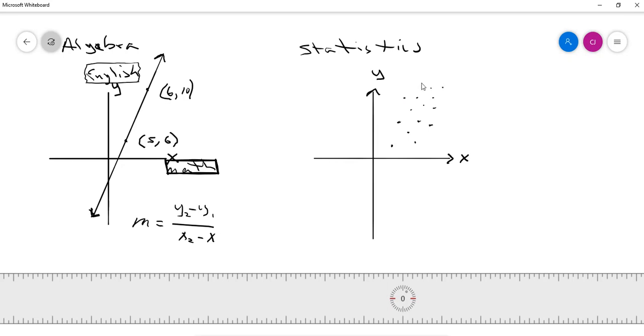I can guarantee you that if you took a bunch of students and you looked at their math and English scores, the points wouldn't all fall in a straight line. Okay. Now, so how can we talk about a linear relationship over here when there's not going to be a line? Well, what we do in statistics is we say, how close do they follow this linear pattern?